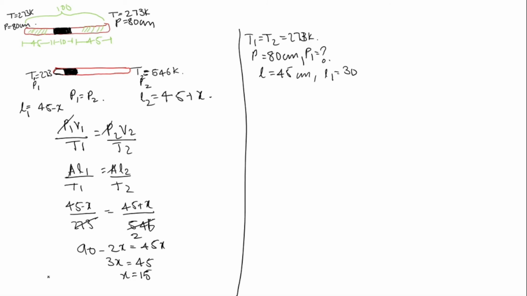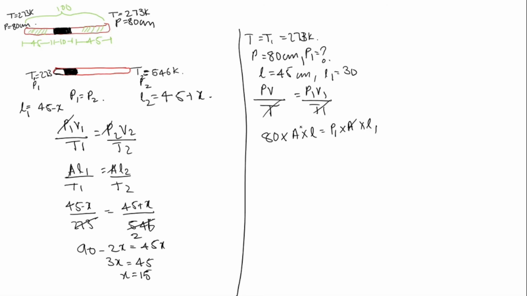So from this we can write P V by T is equal to P1 V1 by T1. T and T1 both are equal, so it will get cancelled. P is 80, volume can be written as A into L, and this is equal to P1, which we need to find, times V1, which is A into L1.